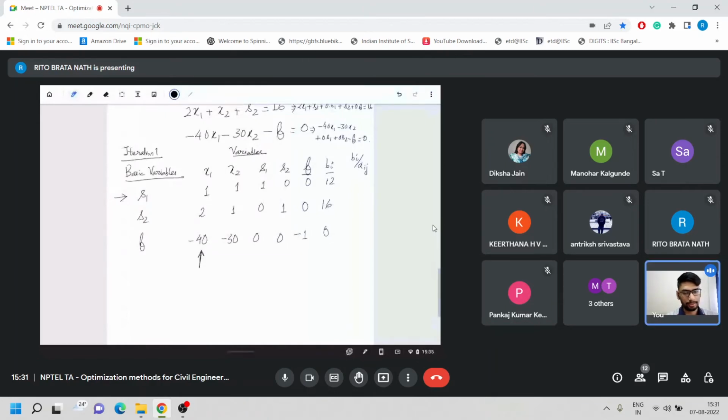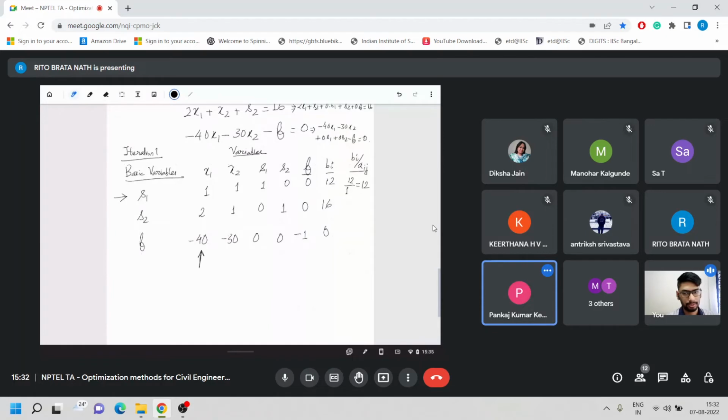So what's the next step that I have to do to check which variable leaves the basis? So what's bi and what's aij? Can you tell me now? Yeah, that's correct. So this is 12.